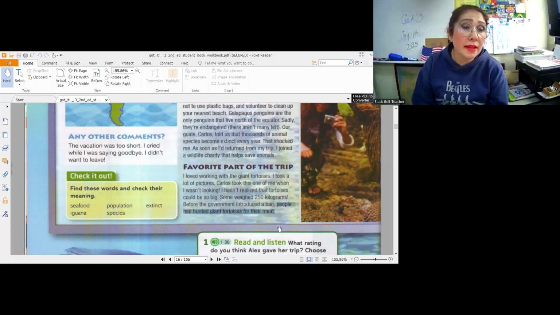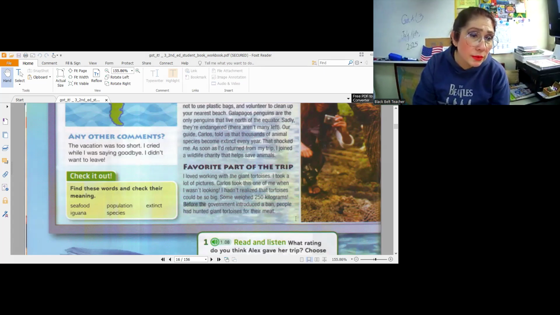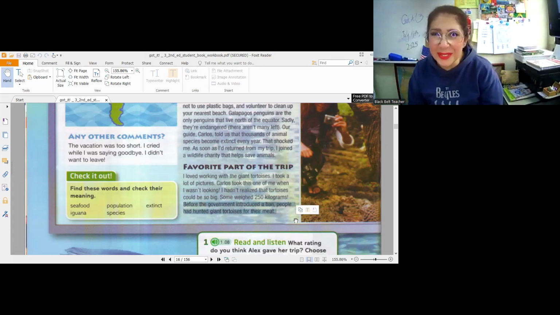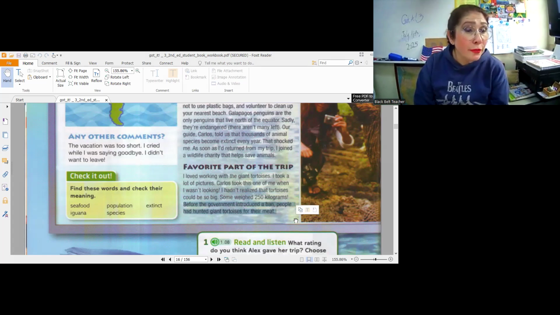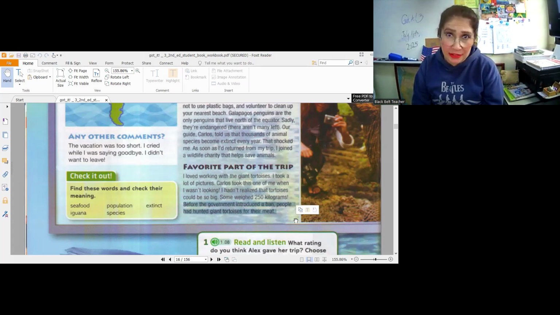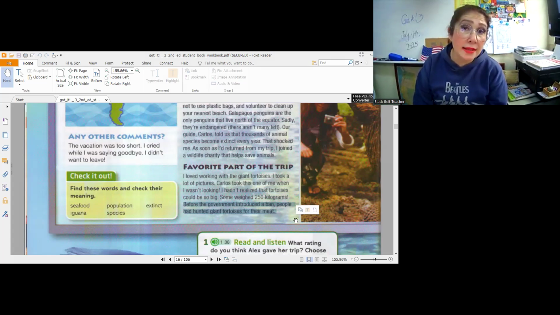Okay, this one better. Before the government, yeah, the sentence actually starts from here. So let's do the real deal, the correct way. Before the government introduced a ban, people had hunted giant tortoises for their meat. Some students ask me the meaning of this word, ban.